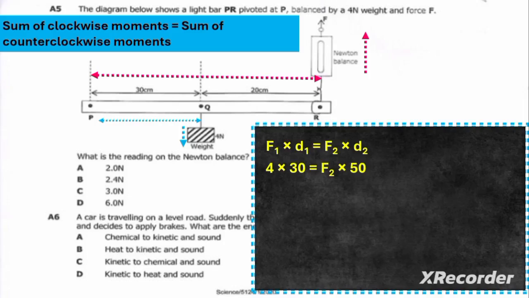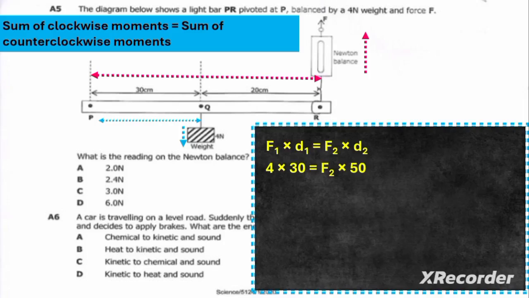In short, centimeters have no impact on our calculations. They won't affect our final answer. So this is the reason why we have not converted centimeters to meters. Just in case you are wondering, you can only do that if you are asked to calculate the moment of forces.